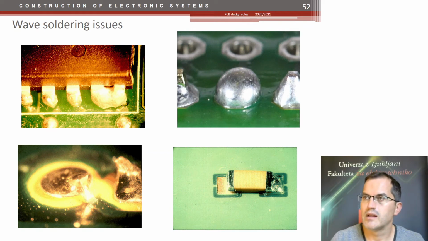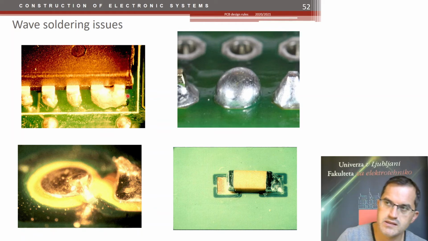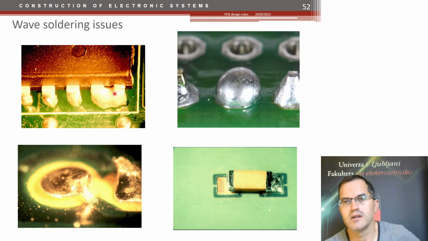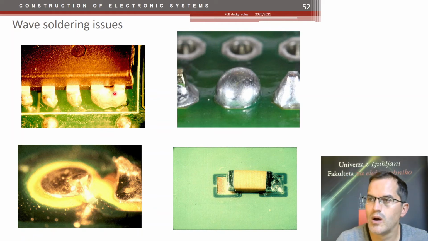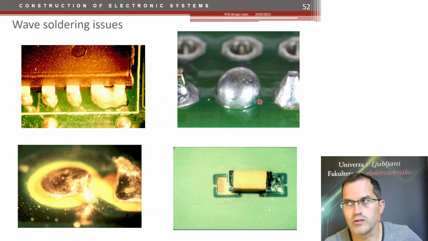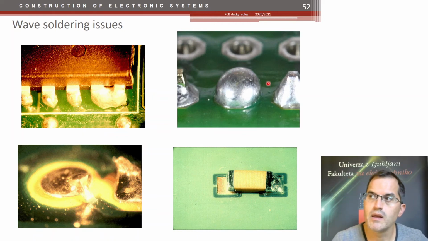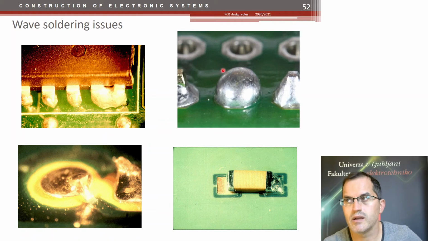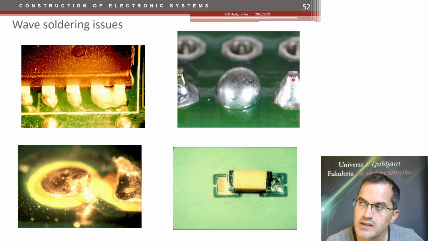Well, solder bridges can happen, so that several pins, or at least two, are shorted together. And solder bumps can happen. That's a problem because you don't know what's going on inside. You don't know whether the pin is well soldered or it has a void.